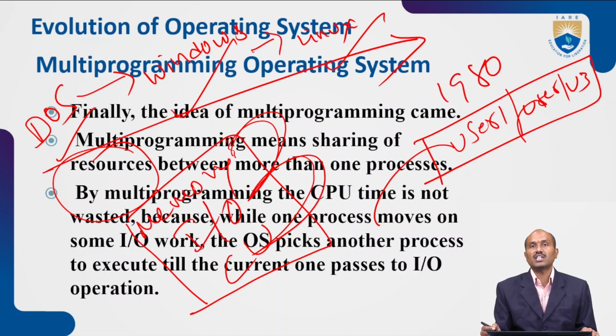When a process moves to some input output work, the operating system picks another process to execute until the current process is submitted to input output. One process is submitted to the memory unit. Another process is submitted to the control unit. Like that, all processes are working simultaneously with the resources.